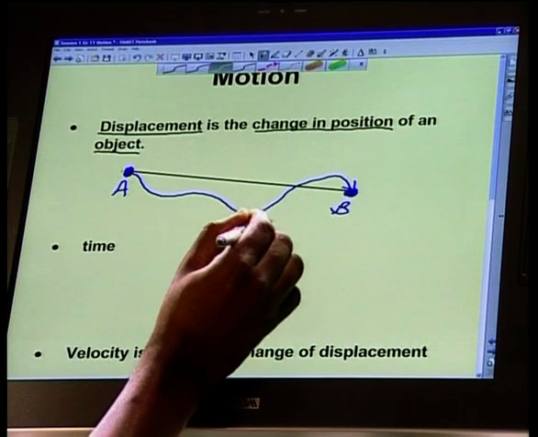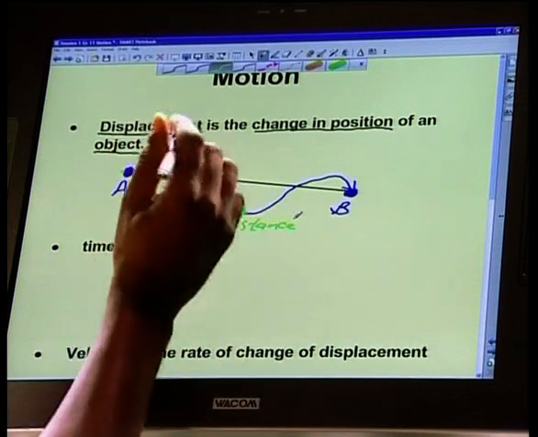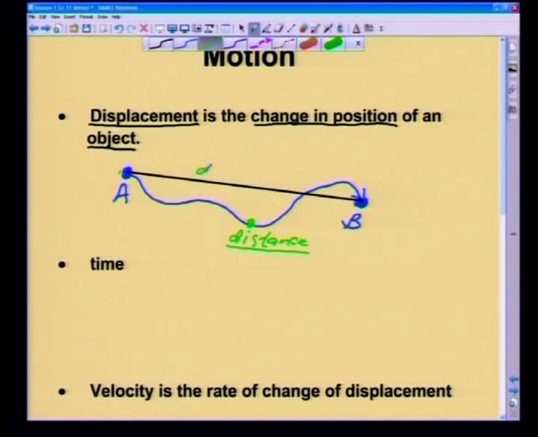The actual path that was followed by this object as it changed its position from A to B, we call the distance. The straight line from A to B, we will call the displacement of the object. That's one of the quantities we use to describe motion.